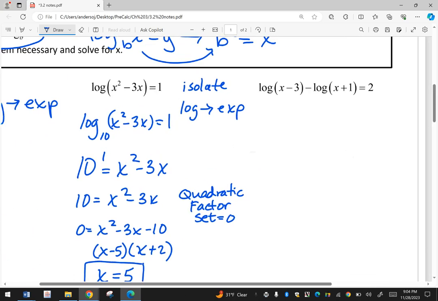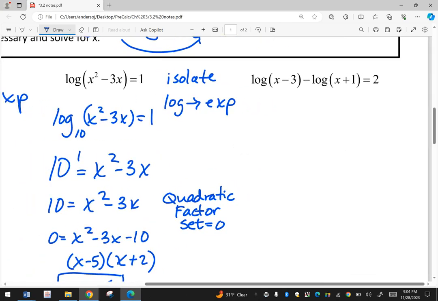All right, on this last example we have a combination of two logs. So it's very important that we use log properties first. Okay, and here I can see that it is like the property of log of m minus log of n, or I think in our notes from yesterday we used x and y.